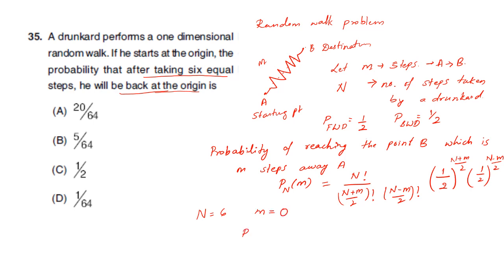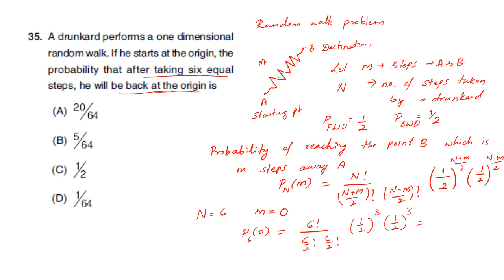Therefore P(6, 0) is given by 6 factorial over 6 by 2 factorial, 6 by 2 factorial, because m is 0, into 1 by 2 raised to 6 by 2, that is 3, 1 by 2 raised to 3.